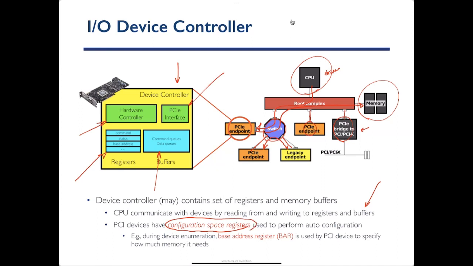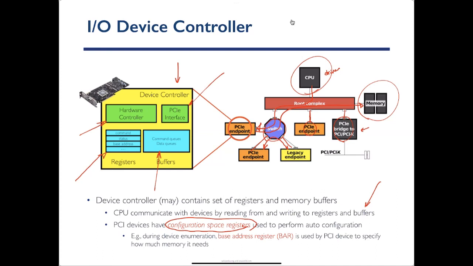So there are configuration state registers that the device uses to tell the system what kind of registers it has, what kind of address spaces it needs, how many command buffers or data buffers it has, how many registers it has. So this is kind of like an advertisement at the beginning when you turn on your system.